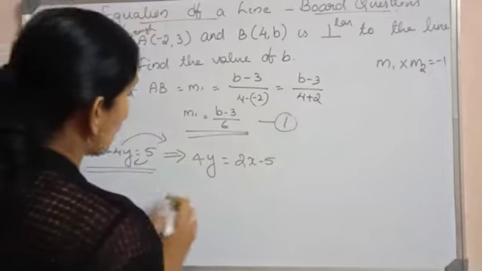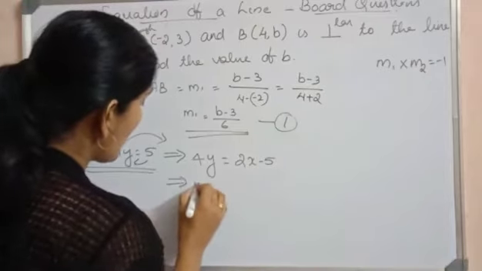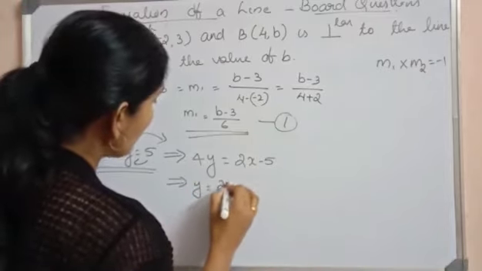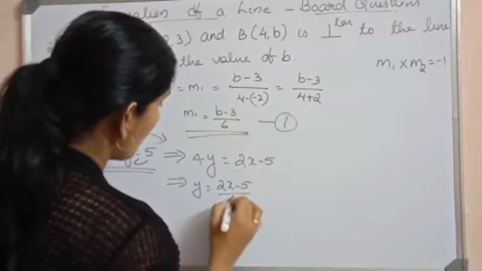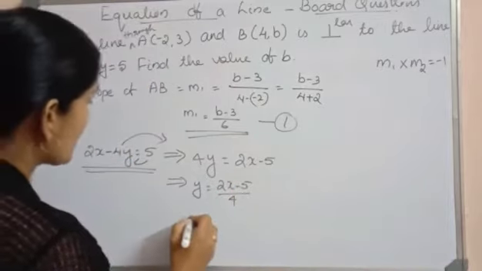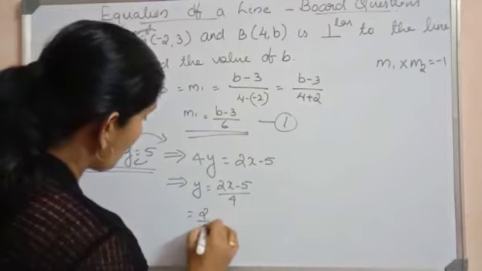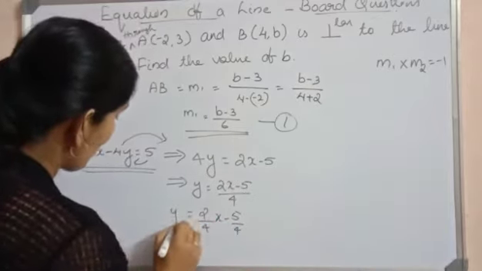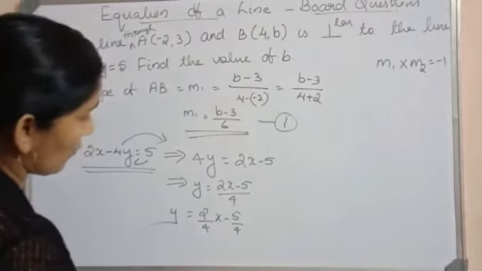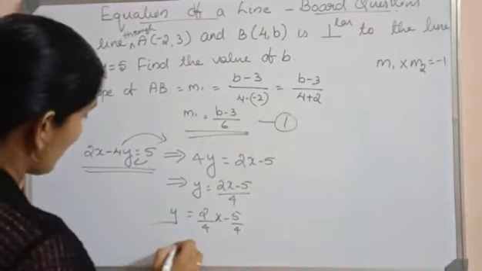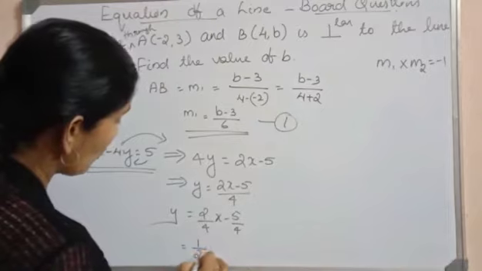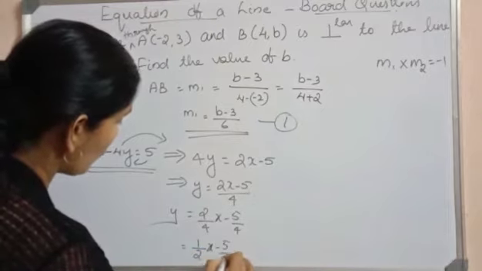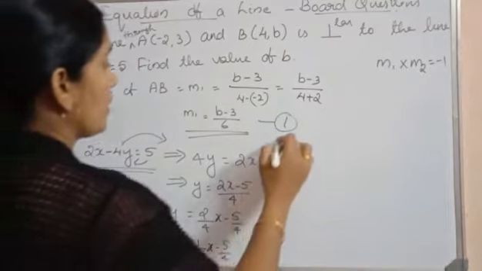So y is equal to (2x minus 5) by 4, which is the same as 2 by 4 x minus 5 by 4. That is same as 1 by 2 x minus 5 by 4. That's the value of y.